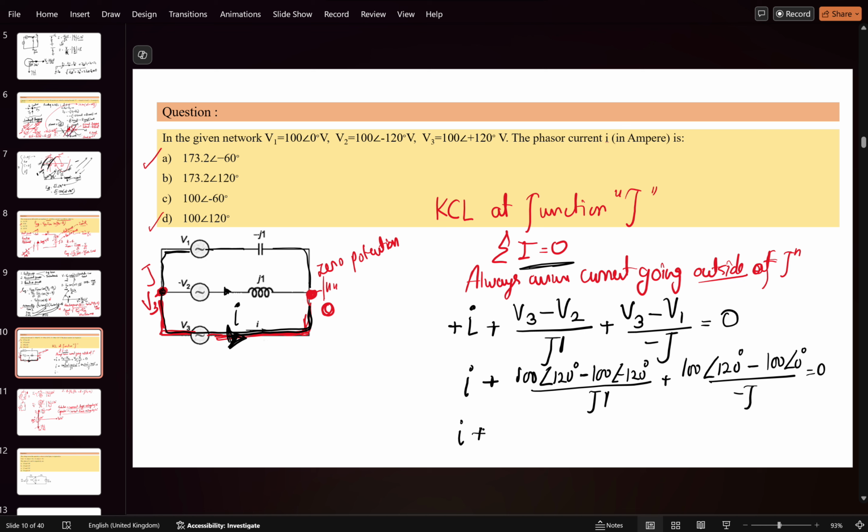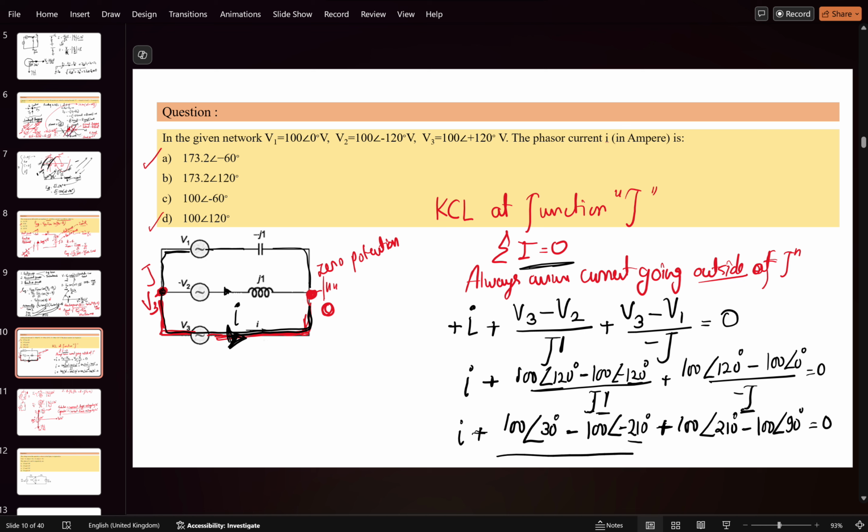Convert into single magnitude and angle terms. 100 angle 120 divided by J1 becomes 100 angle 120 minus 90, which is angle 30 degree, minus 100 angle 210, plus 100 angle 120 divided by minus J, which goes to the upper side and becomes plus 90 degree, equal to 0.